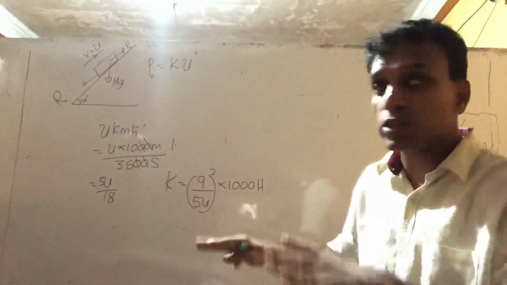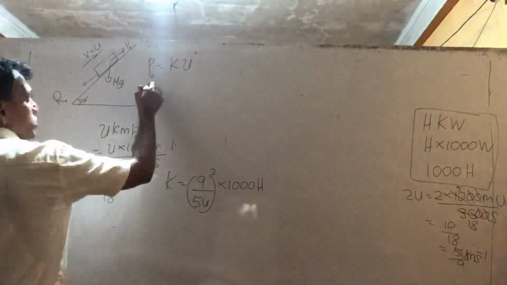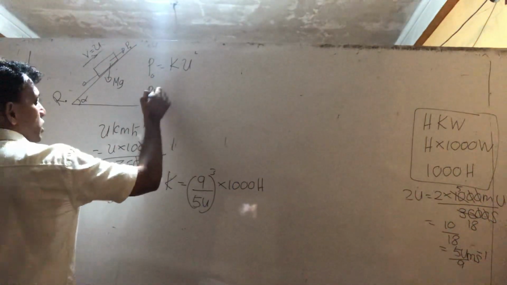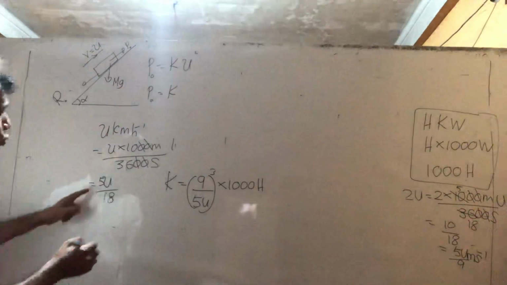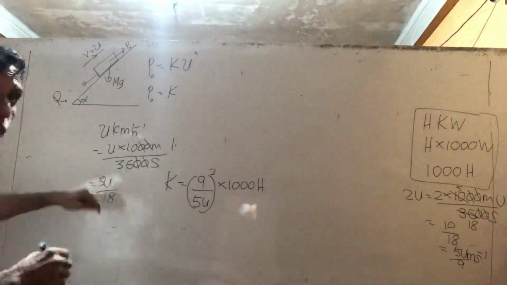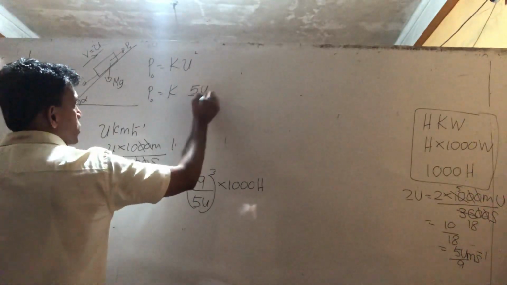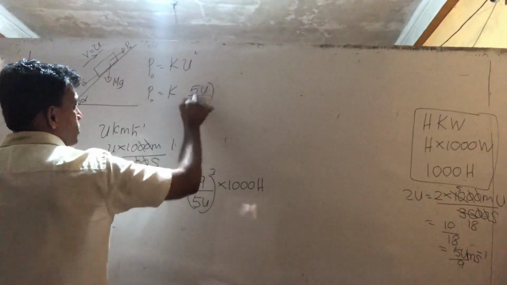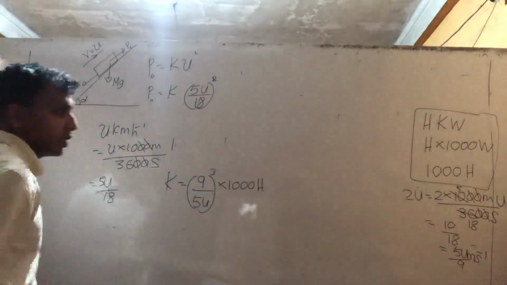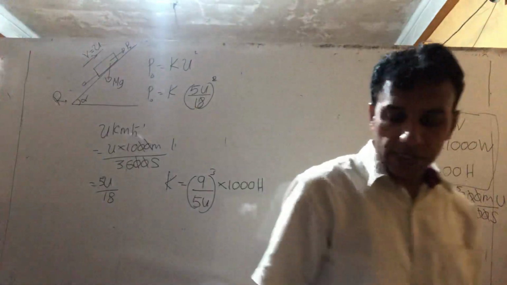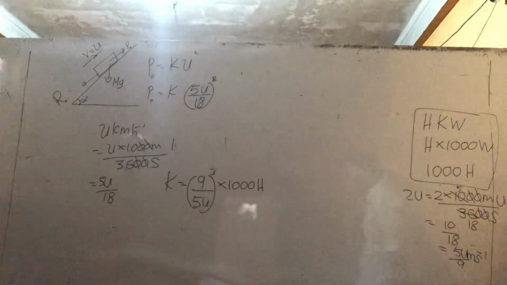K is constant for the two parts of this question, right? Therefore P naught equals K into 5u over 18, completely squared, right?